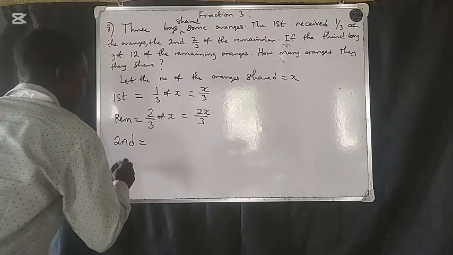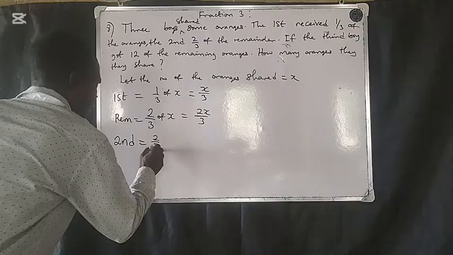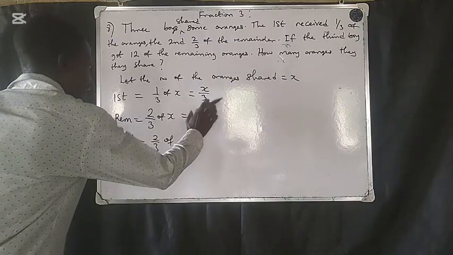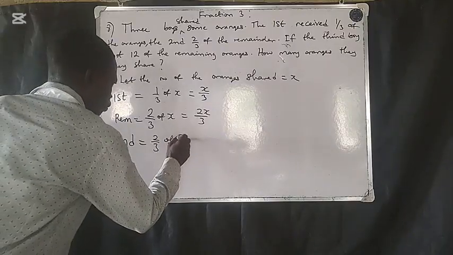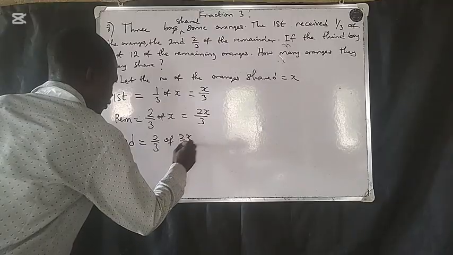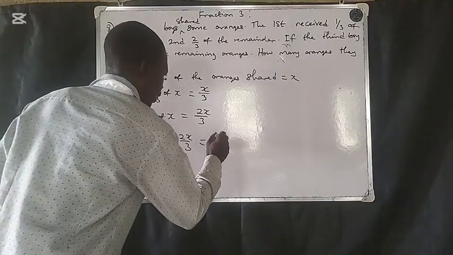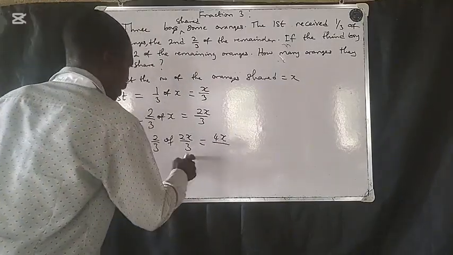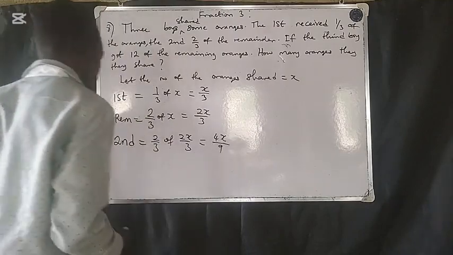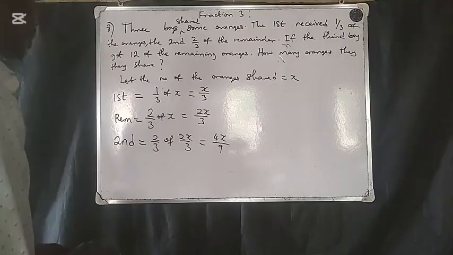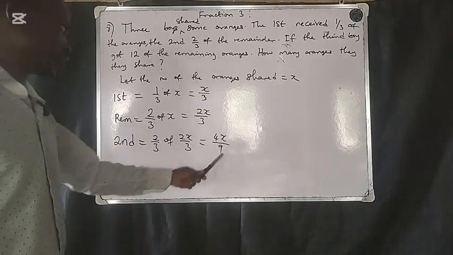Then let's find out the second boy. The second boy got 2/3 of the remainder. This is the remainder, 2x/3. Then 2 times 2x, that will give us 4x. 3 times 3, that will give us 9. So this is the second boy's share.